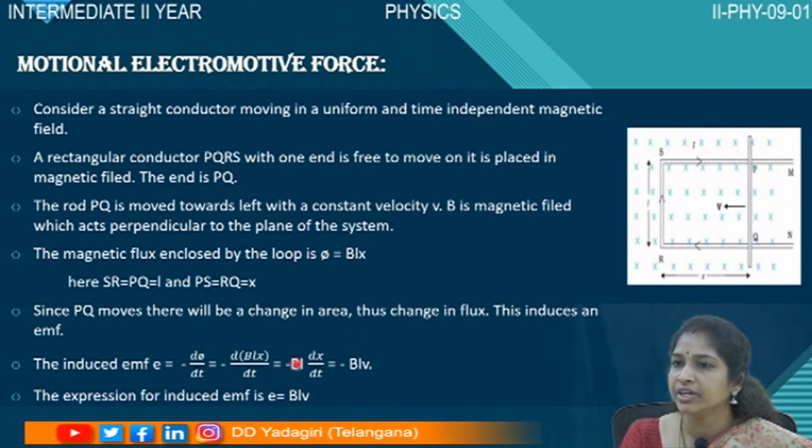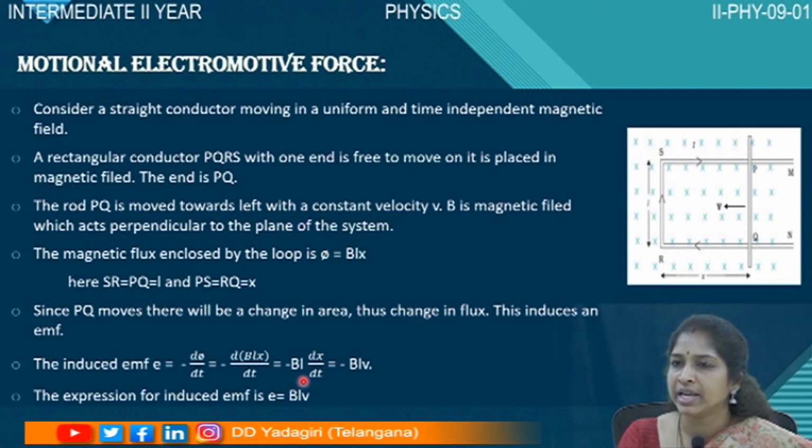So I cannot differentiate those with respect to time. Those two are constants with respect to time. So what is changing with respect to time? This x is changing, because this one end PQ we are moving in this direction towards the left with a velocity v. So there is a change in the x value, and I can differentiate only that x.